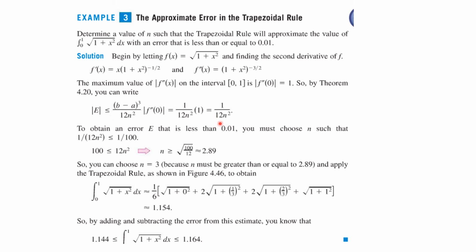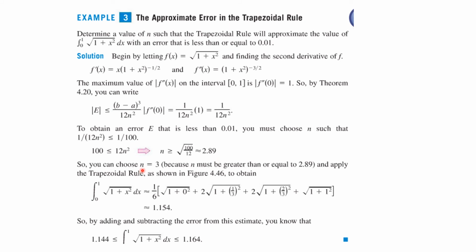Now I want this to be less than 1 over 100. So I say 1 over 12n squared is less than or equal to 1 over 100. That means 100 is less than or equal to 12n squared, and I can solve this: n has to be bigger than or equal to 2.89, which means since n is an integer, it's going to be 3.